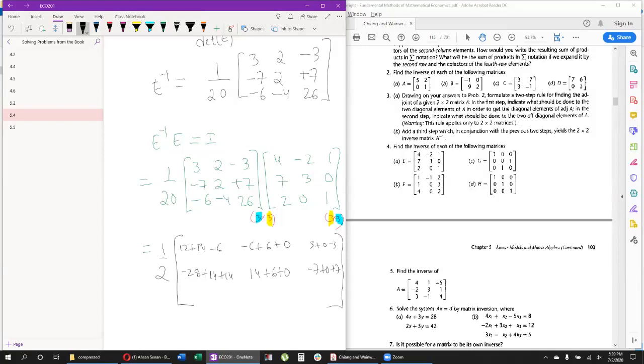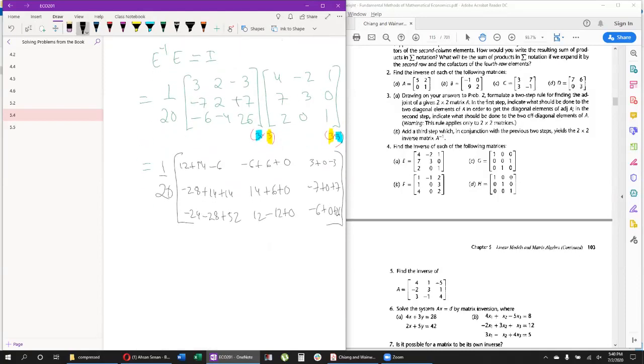In the final row, we have minus 24, minus 28 plus 52, 12 minus 12 plus 0 minus 6 plus 0 plus 26. This was 20, another mistake, I'm sorry.